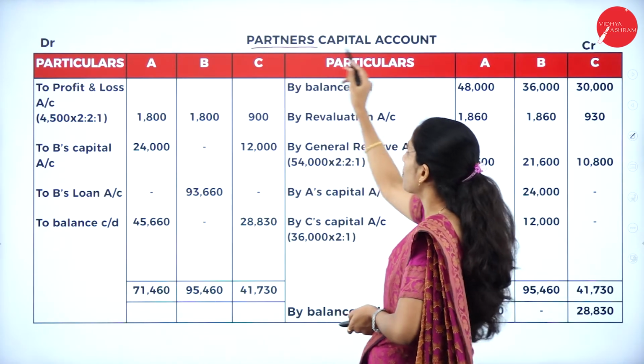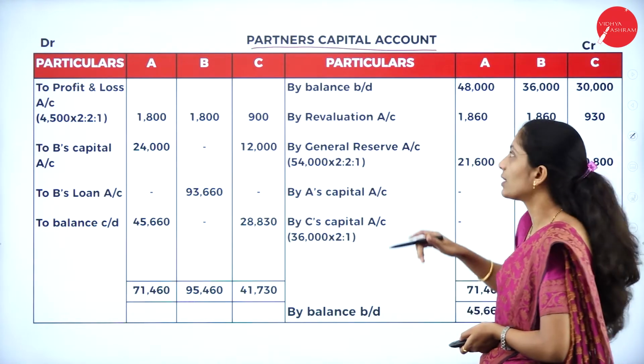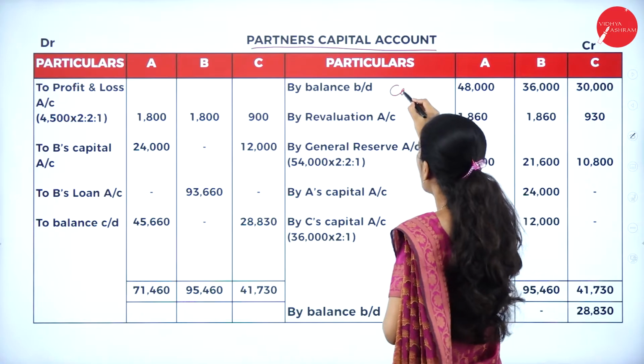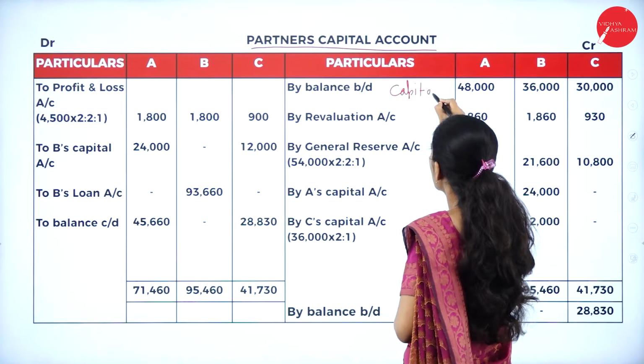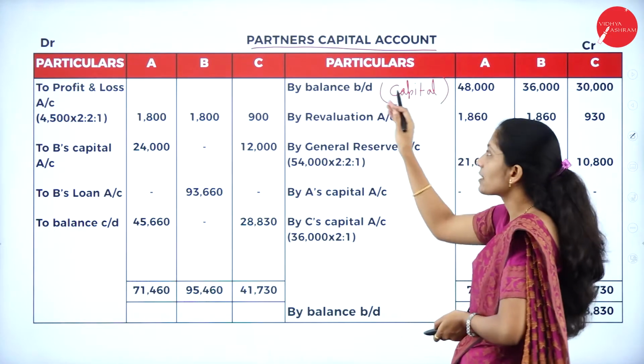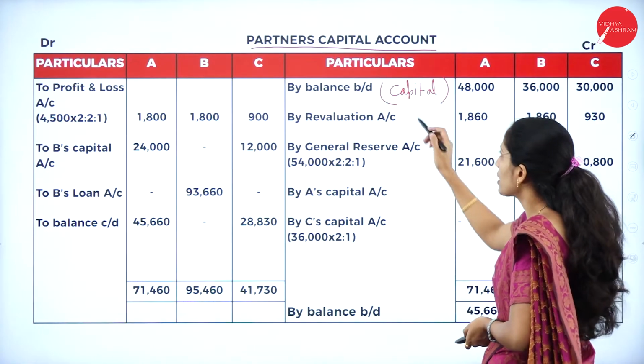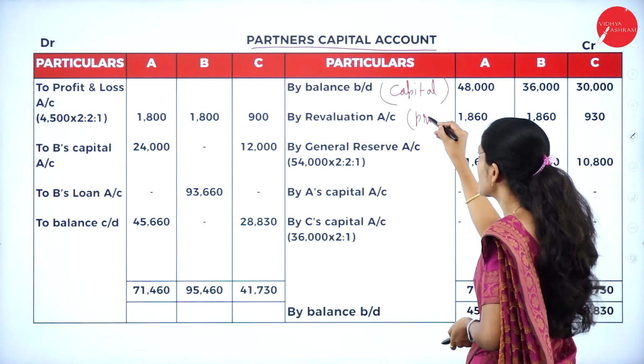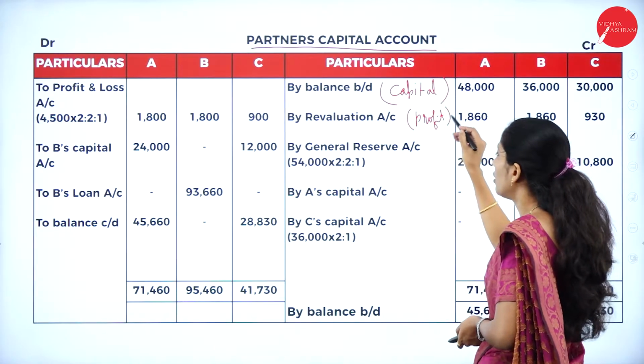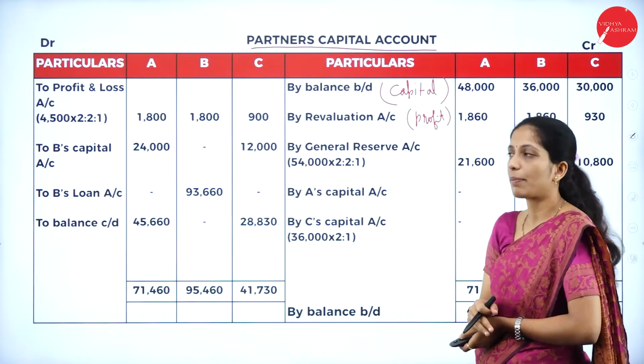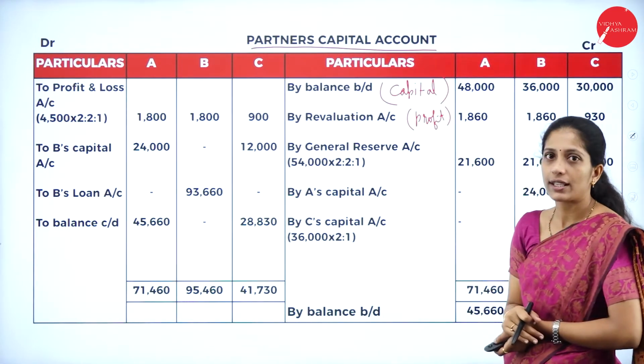Next is partners capital account. So here also first we will take down the capital of all the partners, as balance brought down. Next you will transfer the revaluation balance. It may be either profit or loss. If it is loss, you will record in the debit side. If it is profit, you will record in the credit side.